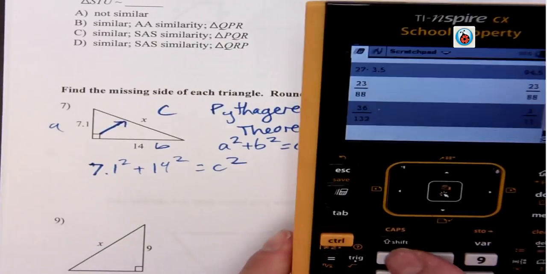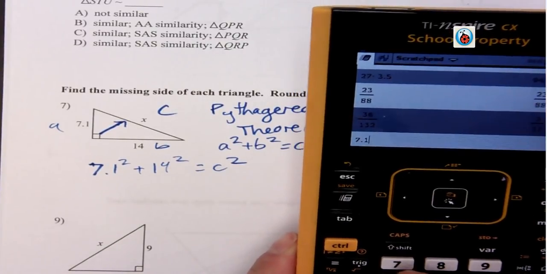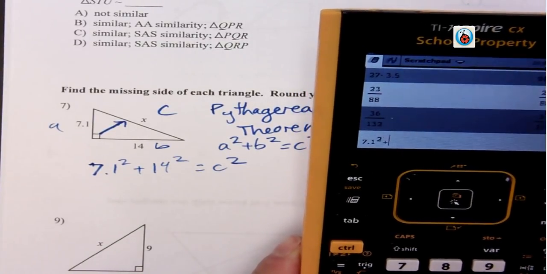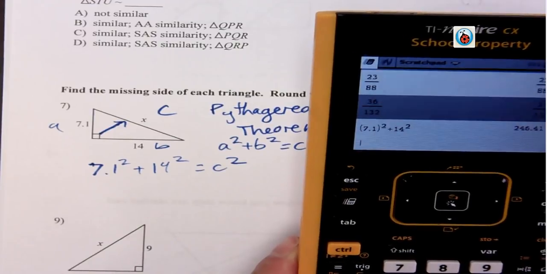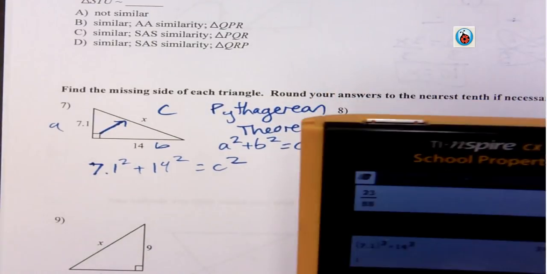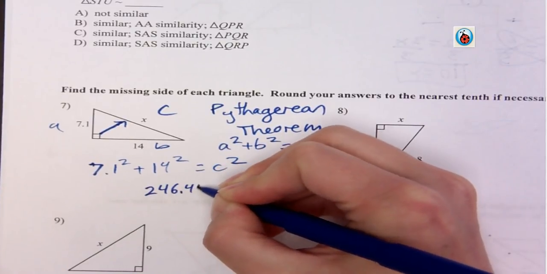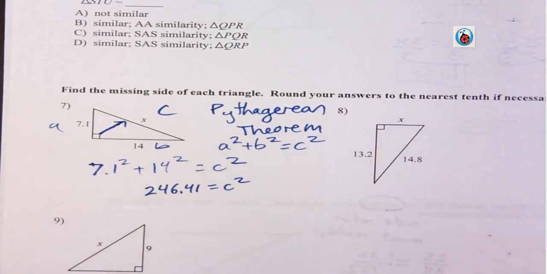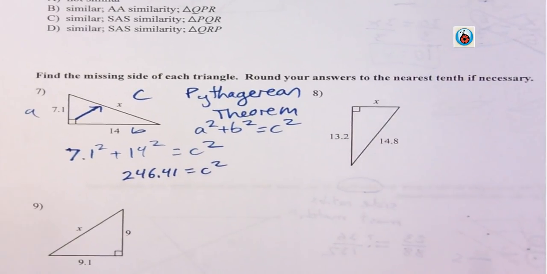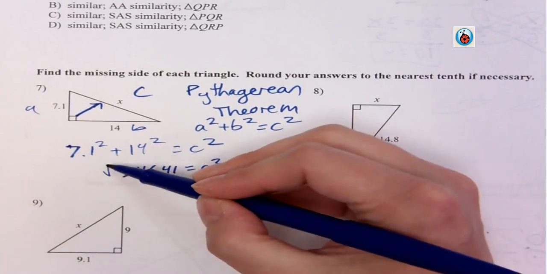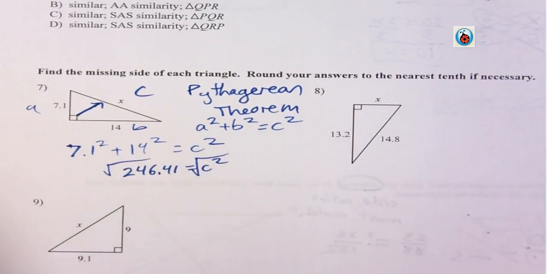I typed in my calculator 7.1 squared plus 14 squared. Find out equals 246 equals C squared. And then I take the square root of each side.